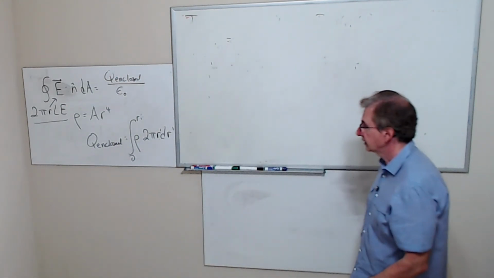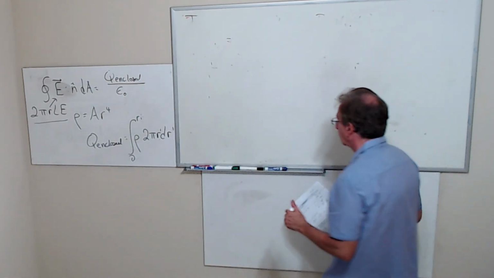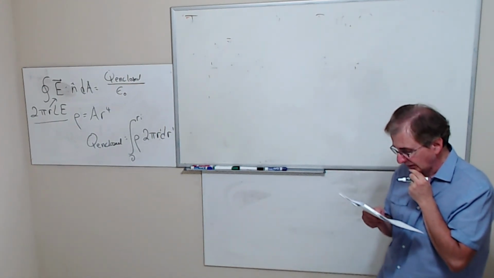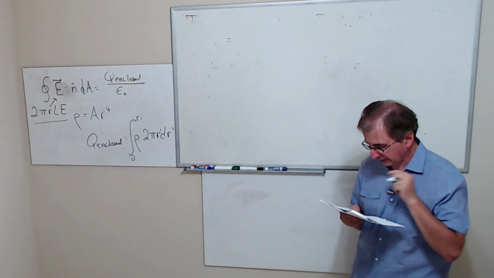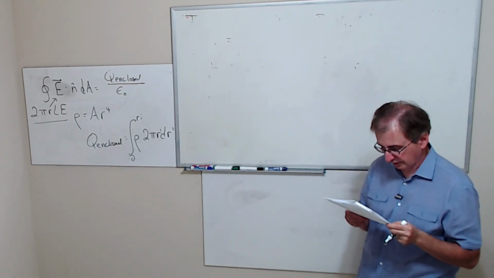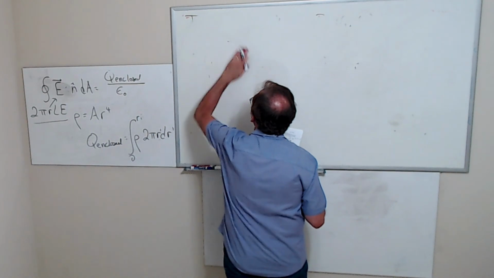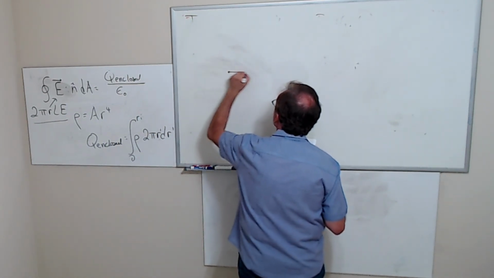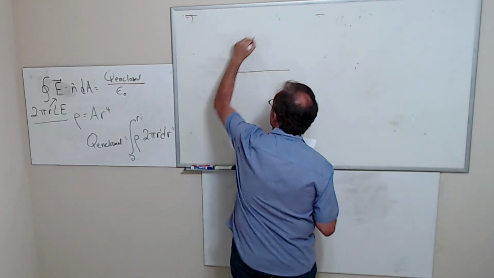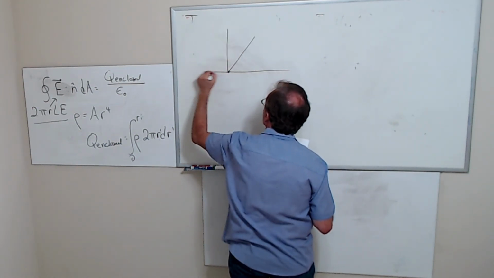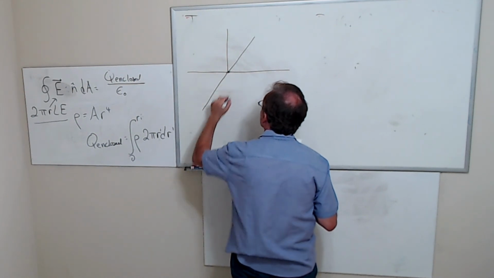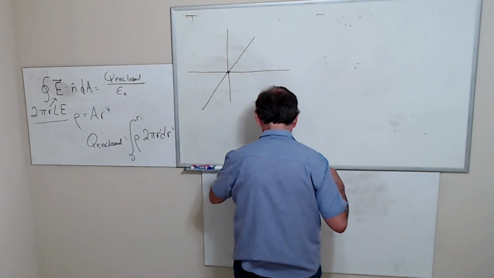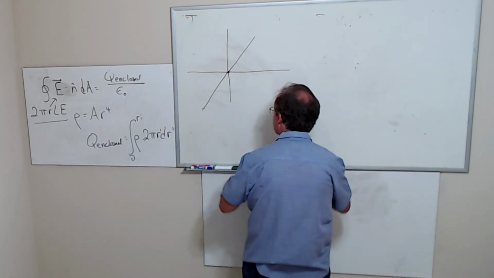Okay. Now part B, you want to define the flux through a square of side L that is parallel to the xy plane. So let me draw a picture. And so let me draw the rod along the x direction.